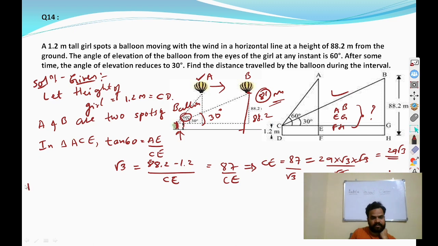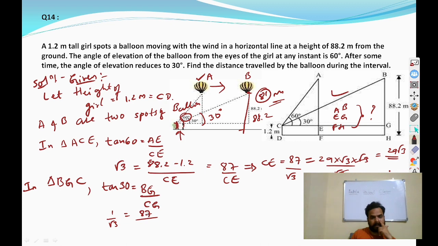Now I will take one more triangle, BGC. In triangle BGC, I will take tan 30 is equal to BG by CG. Tan 30 value is 1 by root 3. BG value is again 87.